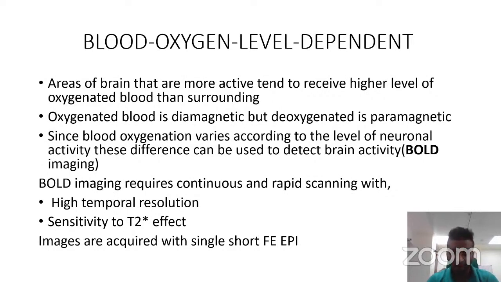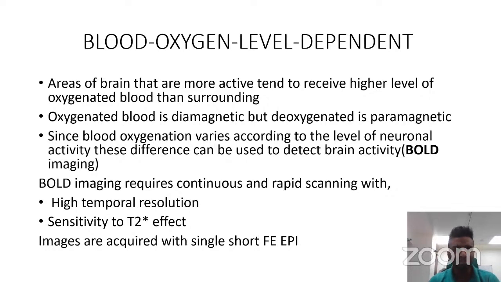When something paramagnetic is in the vicinity of our static main magnetic field, ultimately the hydrogen protons in that region dephase, meaning signal loss, no signal. That is why, as you saw in the previous slide, only the region which controls the activity is getting activated, because of diamagnetic oxyhemoglobin.